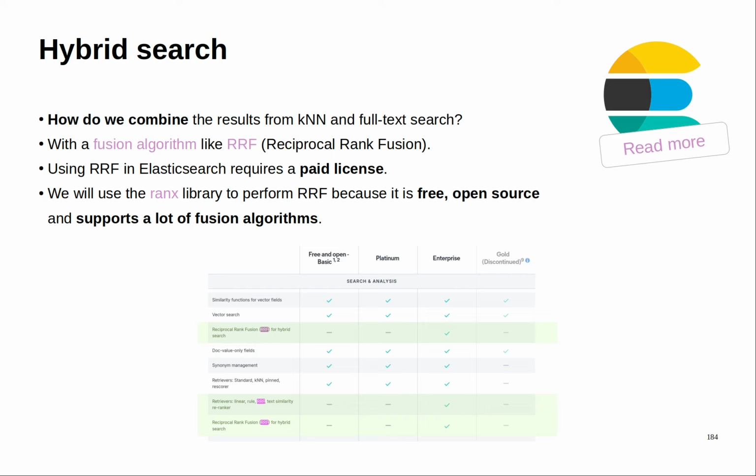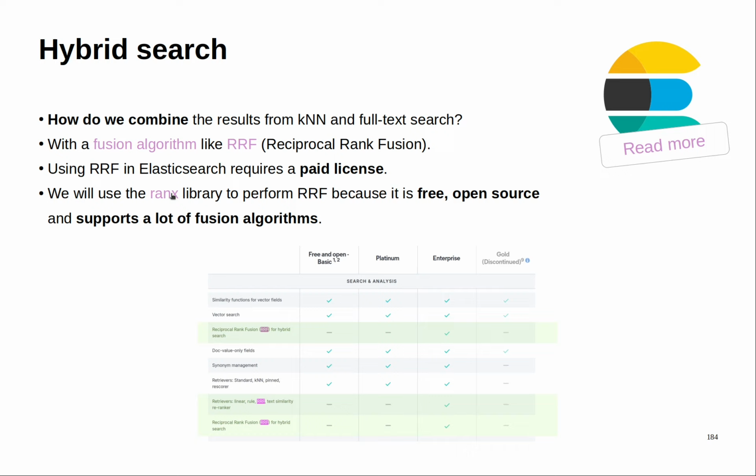Thankfully, I found this amazing Python library. It is called ranx. If you click on it here, it will take you to their website. And ranx is obviously free and open source, and it also implements all these fusion algorithms. So we are going to use ranx to apply the hybrid search. In this video, we are going to combine Elasticsearch and ranx.